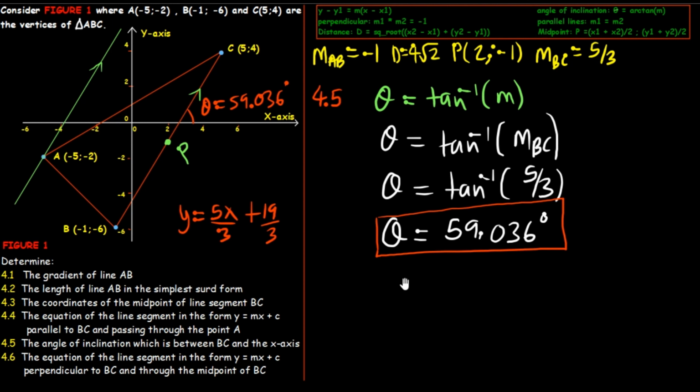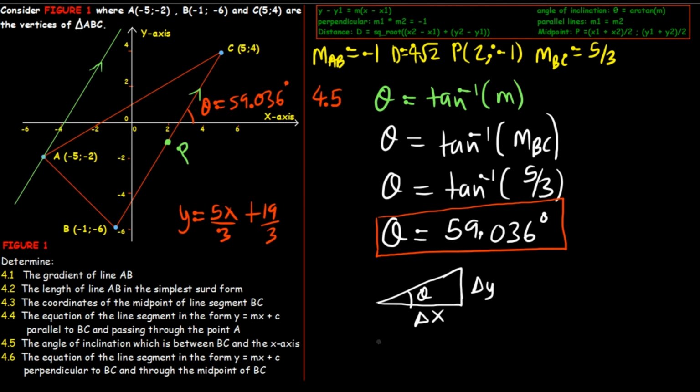and we get 59.036 degrees. In case you are wondering where we are getting this formula and why we are applying it in this manner, let's say we have something like this, and we have theta, and let's call this change in y because it's along the y-axis, and this change in x from here to here.